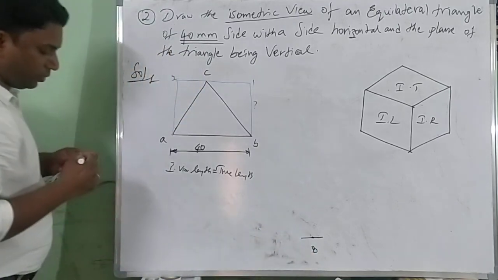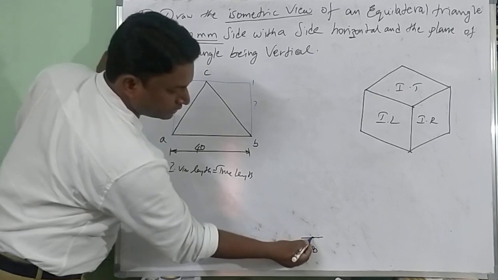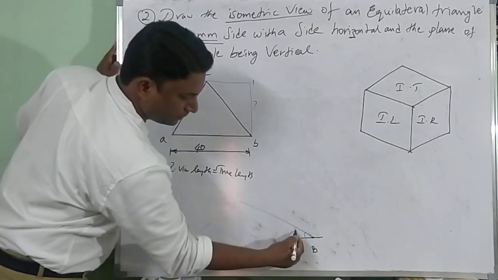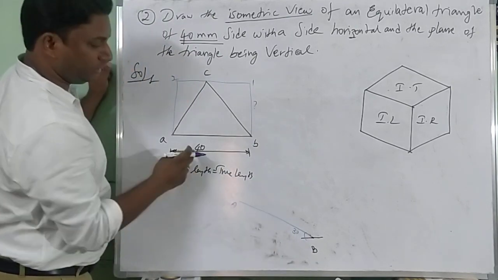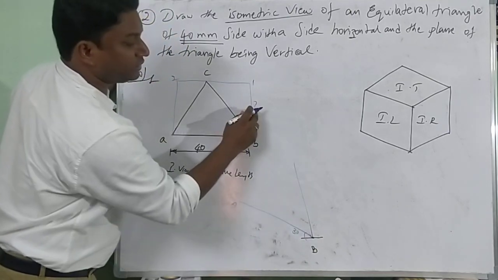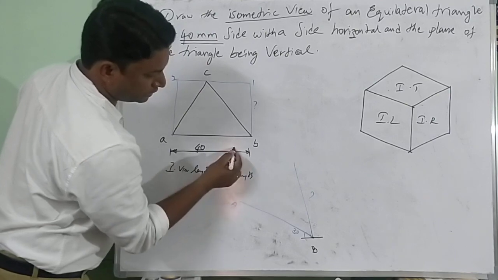With respect to B point reference, I am drawing a vertical and a 30 degrees line, drawing a box. Draw a 30 degrees line, BA of what dimension length? Equal to 40. Height, you know, this length has to be measured and you have to draw this. Now here also it's clashing, no problem.